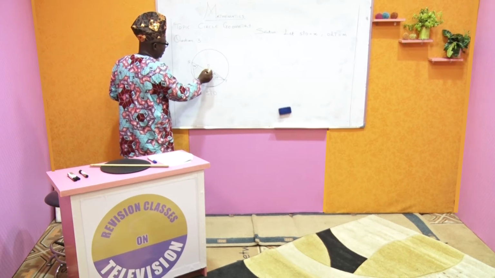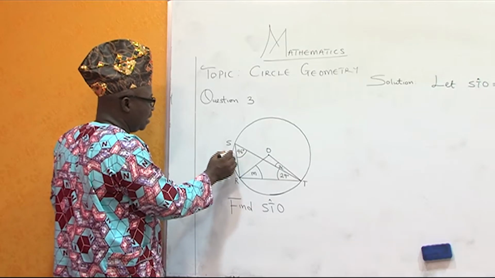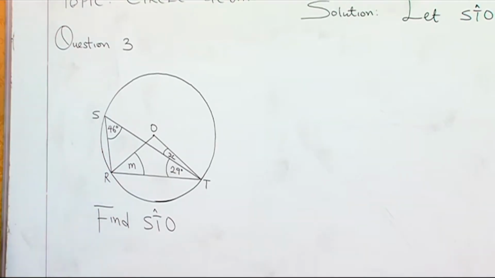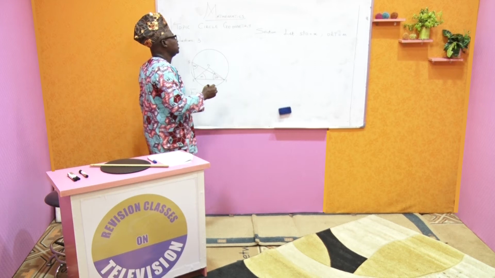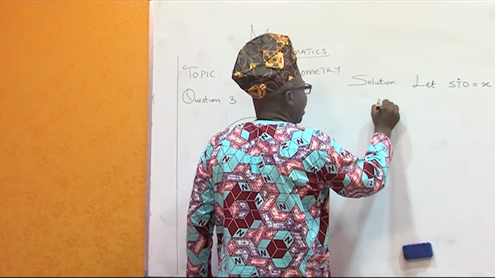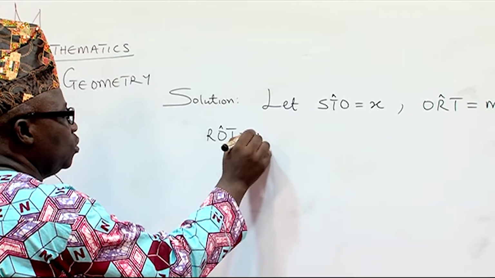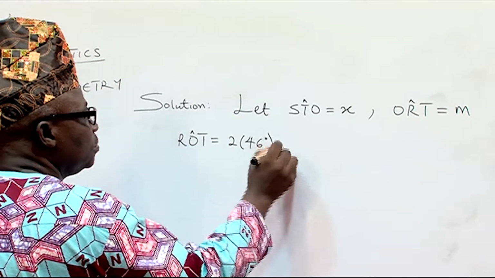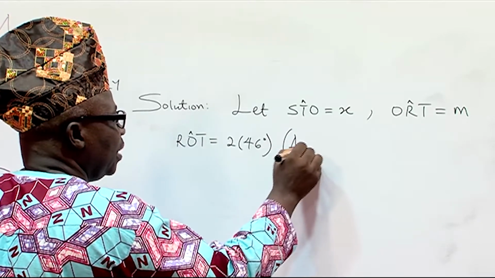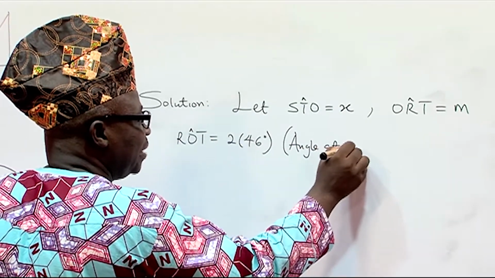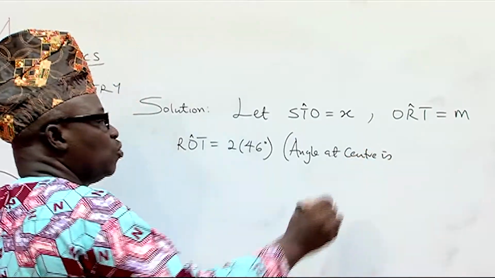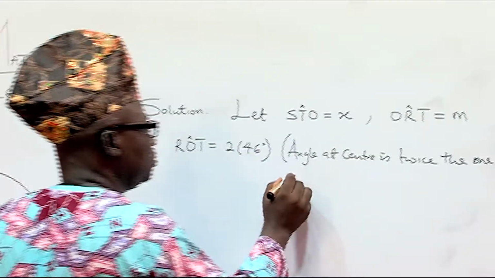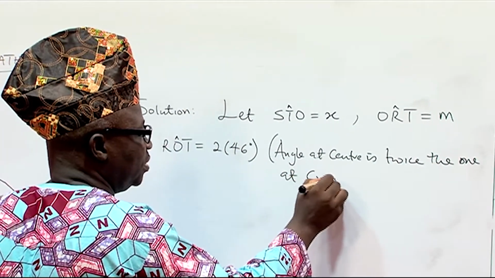This is an angle at the center, and this is an angle at the circumference. So the angle at the center is going to be 2 times the one at the circumference. So in that case, I'm going to say angle ROT is going to be 2 times angle 46. Reason for that, angle at center is twice the one at circumference.